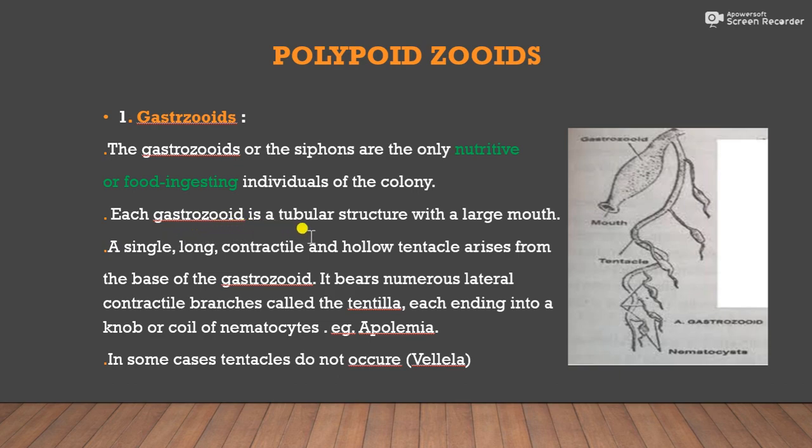Each gastrozooid is a tubular structure with a large mouth.